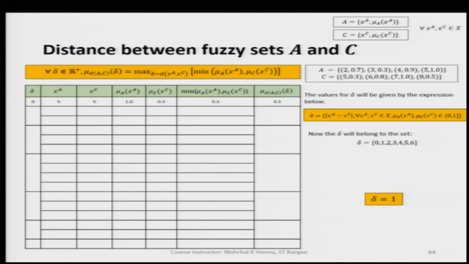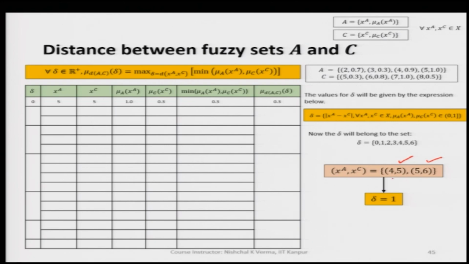Now, let us quickly go ahead and take delta is equal to 1, and let us find all the pairs which are responsible for creating delta is equal to 1. We have two pairs here. The first pair is 4, 5, the second pair is 5, 6.